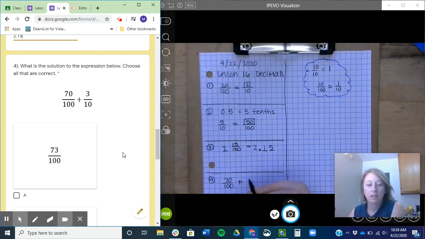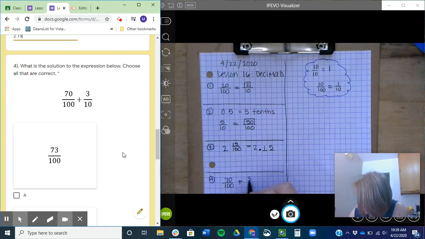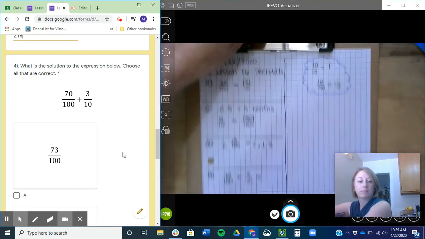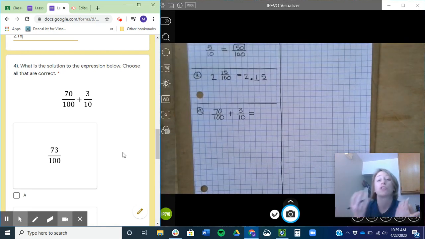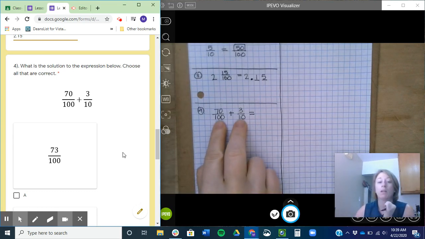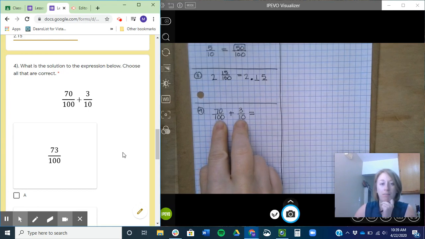71 hundredths plus 3 tenths. Since the question is asking us to find the solution, we simply just need to add these two amounts together. Well, the first thing that I notice is that our denominators are not the same.